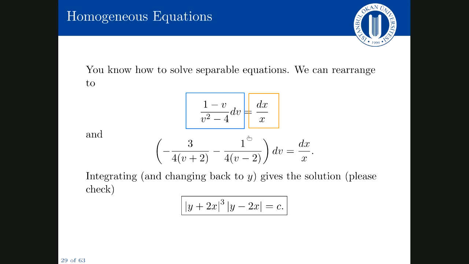Using partial fractions and then integrating and then changing back to y. I'm skipping a lot of the steps here. I'm leaving this for you to finish. We obtain the solution (y plus 2x) cubed (y minus 2x) is equal to c. A good exercise for you would be to complete this example, fill in all of the details.